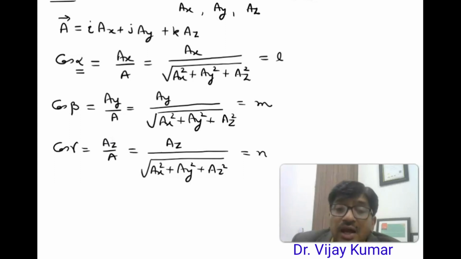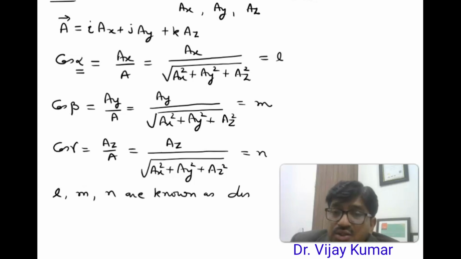And L, M, N are known as direction cosines.